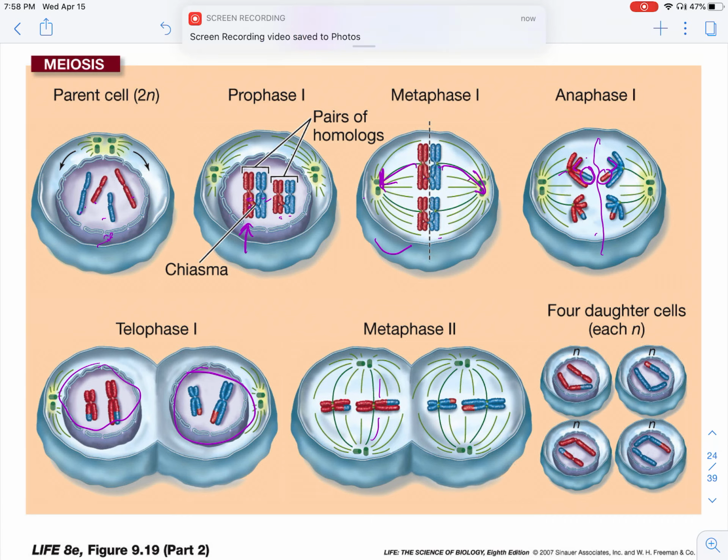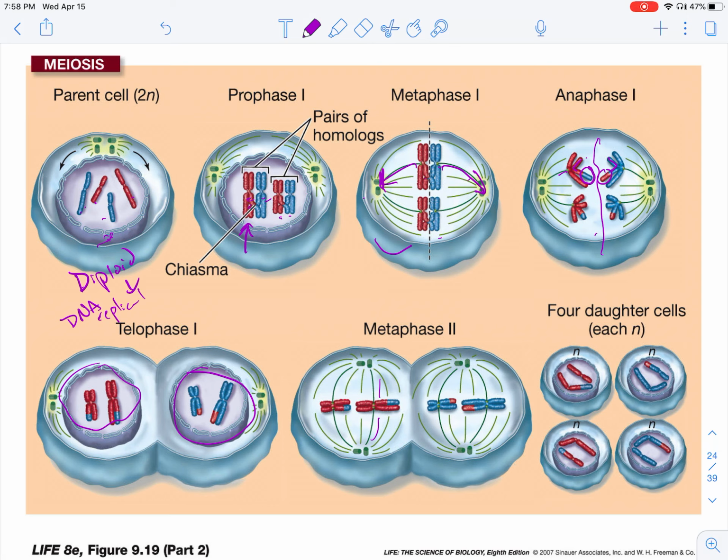So in meiosis again, you start with a diploid parent cell. You undergo one round of DNA replication. And so here you actually have a cell with a 4N DNA content, right?